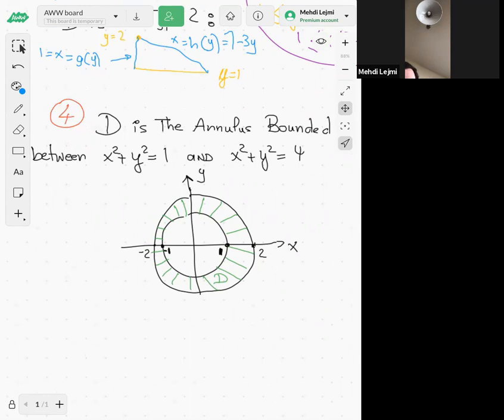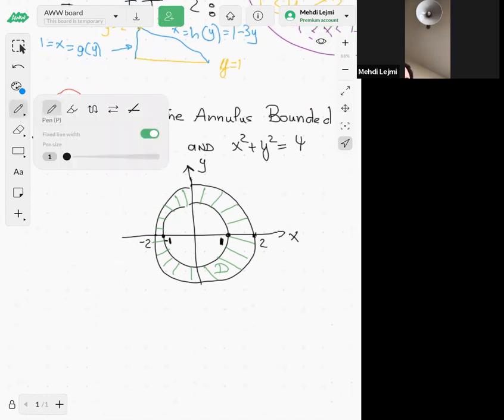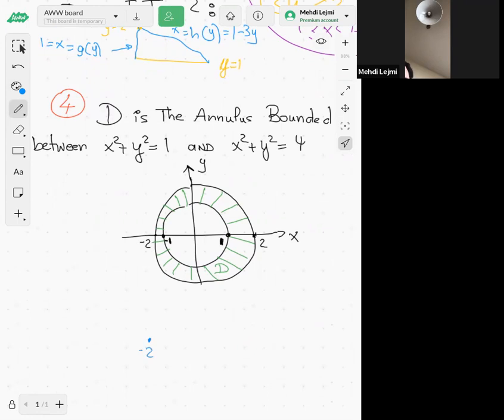So this is -2, this is +2. If you take any point in this annulus, then the x coordinate would be somewhere between -2 and +2, right?